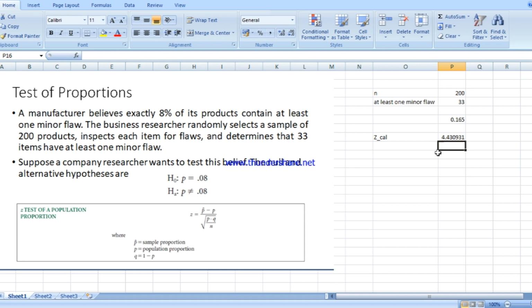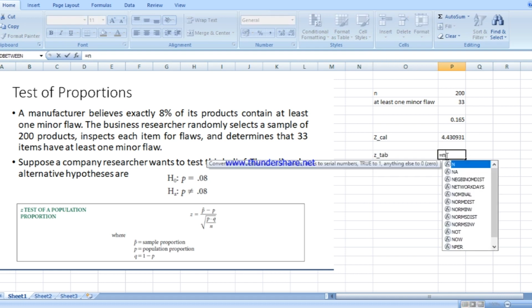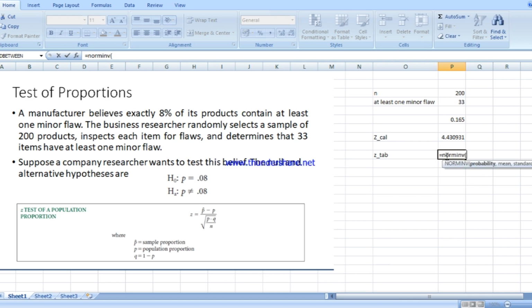Suppose this test is conducted at 5% level of significance. Then z tabulated will be equal to NORM.S.INV of 0.975.